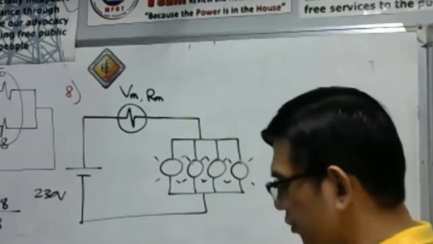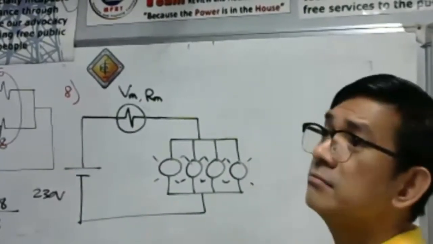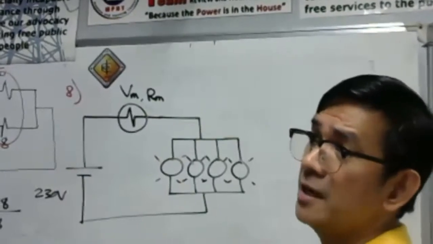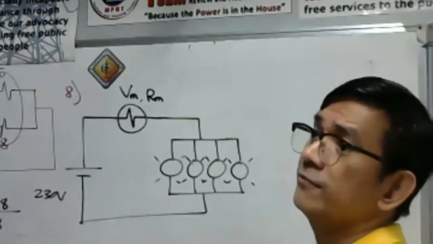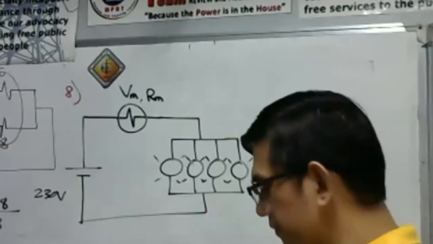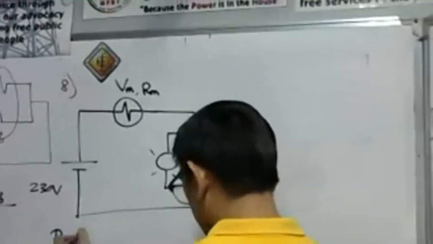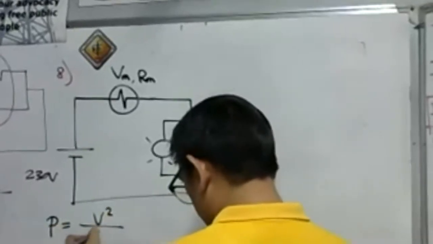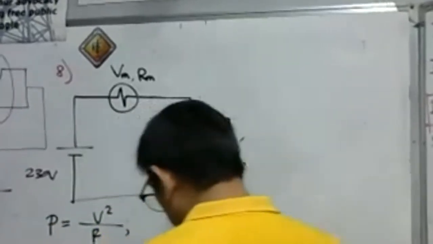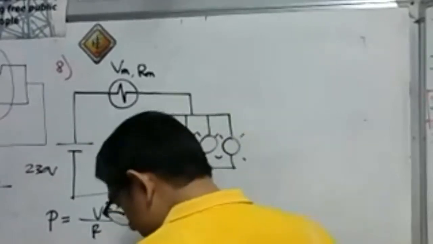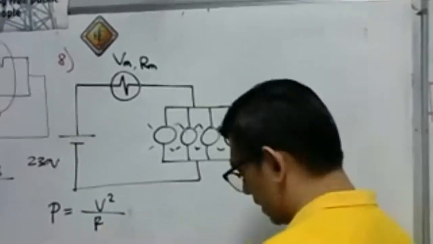So what we'll do here, we are given the wattage of each lamp. A circuit consists of 4 100 watts lamp. So we have the power that is simply equal to V squared over R. What is our power?